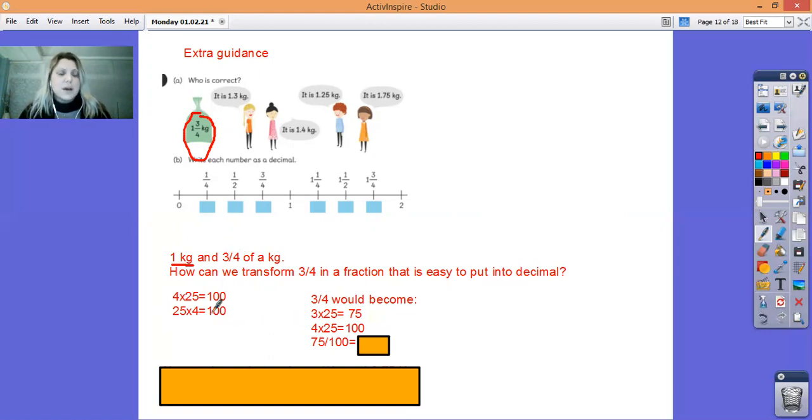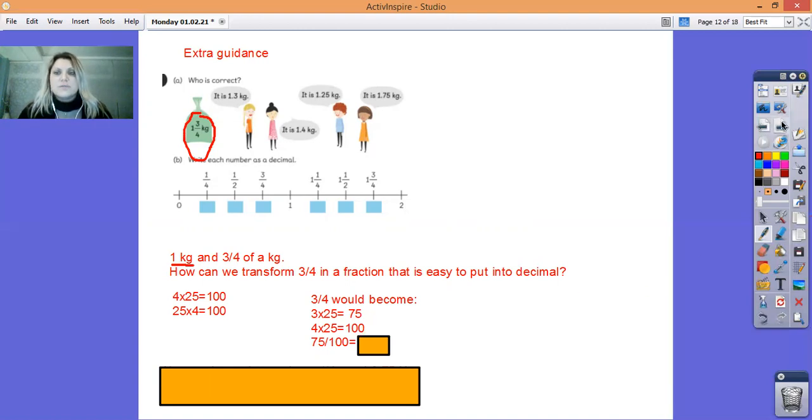We are multiplying 4 by 25, so we also need to multiply 3 by 25. So 3 times 25 equals 75, and 4 times 25 equals 100. Our new fraction, equivalent to 3/4, is now 75 over 100, so 75 hundredths.